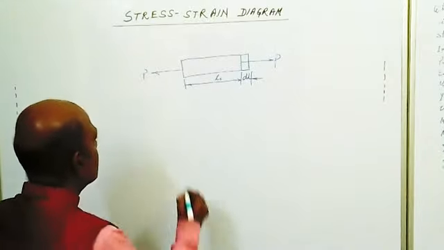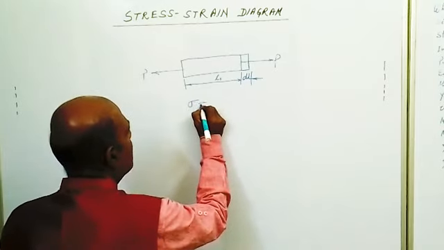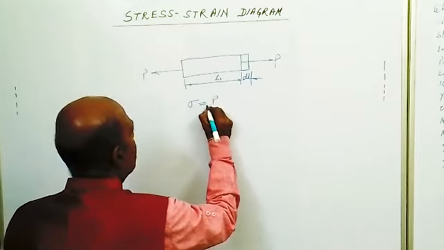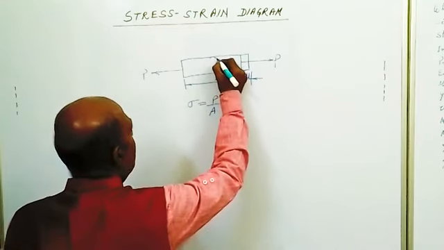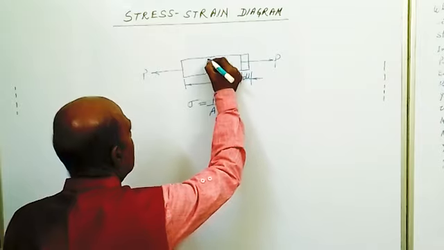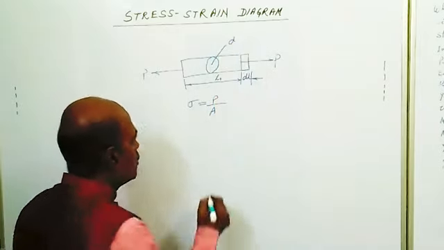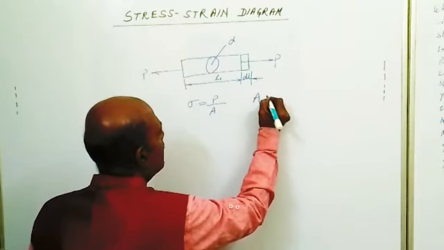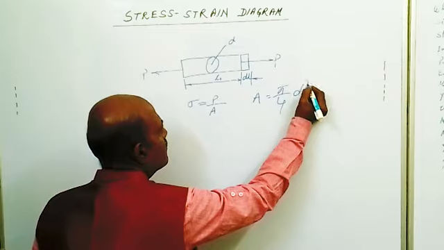Now, the stress developed, that is called engineering stress, is given by P by A. Say the area of cross section is circular and the diameter of this bar is D. So the area of cross section is given by pi by 4 D square.